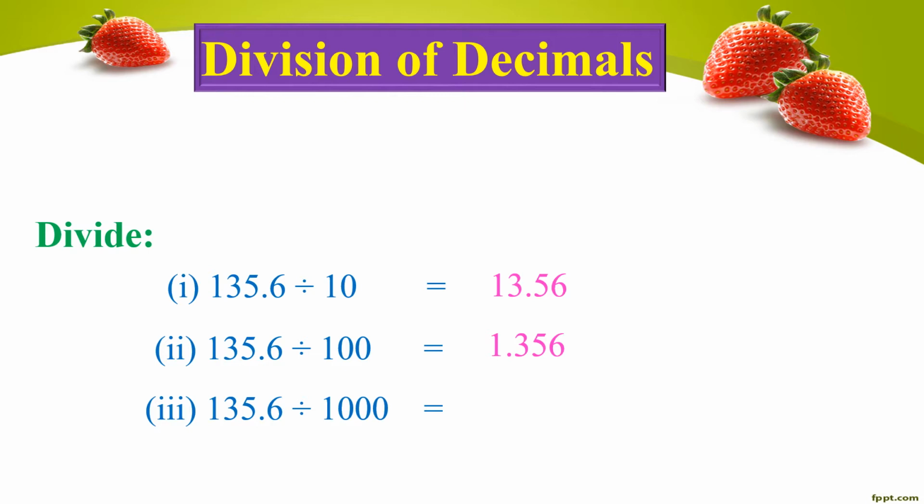Here number of zeros is 3. So we have to shift 3 places to the left. On moving the decimal point 3 places to the left, we get the result 0.1356. Got it, students?